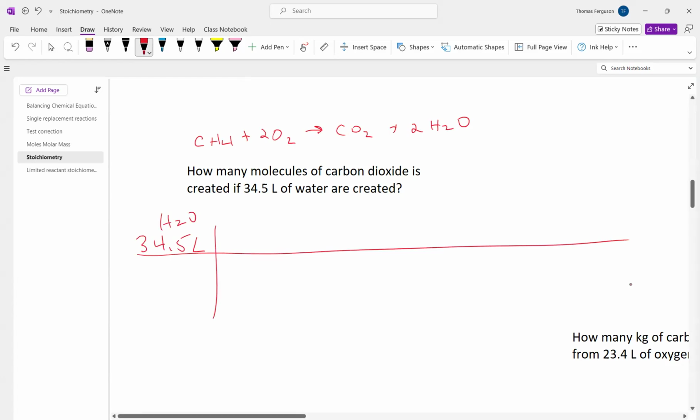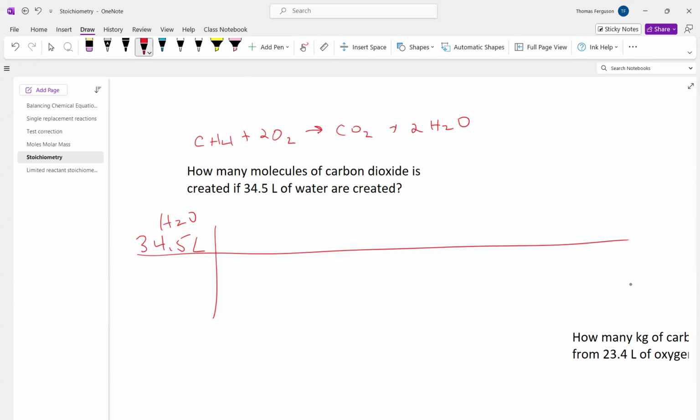And we want to know how many molecules. What conversion factor are we going to be using for that? Whenever we want to know how many, think Avogadro's number.